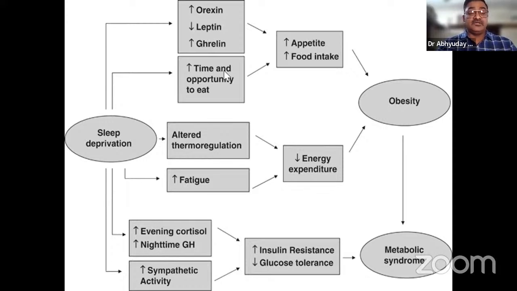It does because of an increase in the nighttime GH and cortisol level, an increase in the sympathetic activity, fatigue, altered thermoregulation, leading to reduced energy expenditure, insulin resistance, then increased orexin, reduced leptin and increased ghrelin. So there is increased appetite and food intake, leading to obesity. So you can see just with the sleep deprivation, the whole metabolism and the hormonal balance is disturbed, leading to metabolic syndrome and obesity.